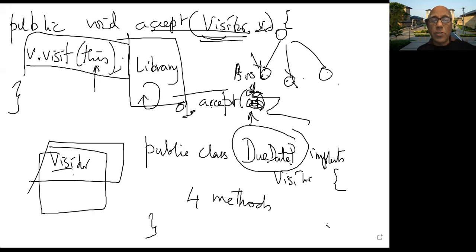You can't do that because this visitor interface has a visit method for every type that is present in this hierarchy, right? So there is one for ownable item, one for book, one for periodical, one for DVD. So you can't escape that.